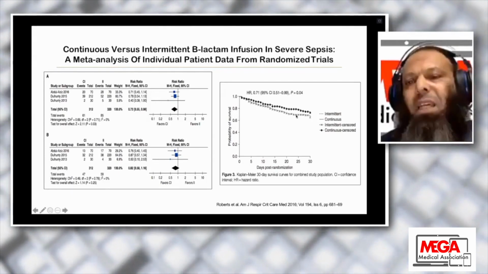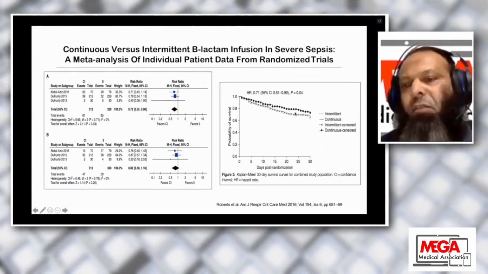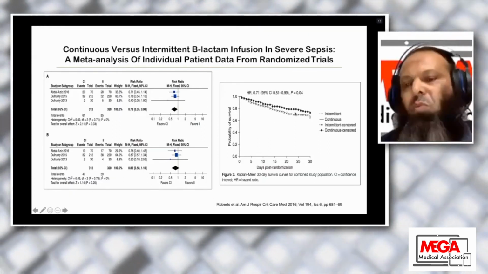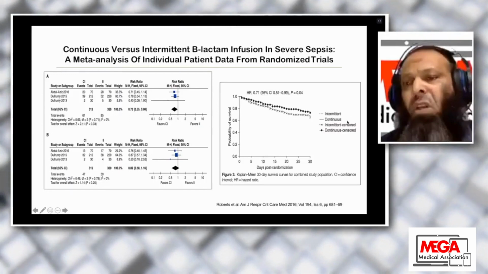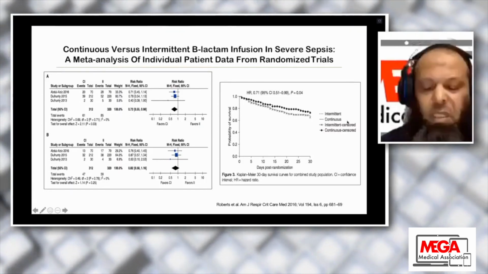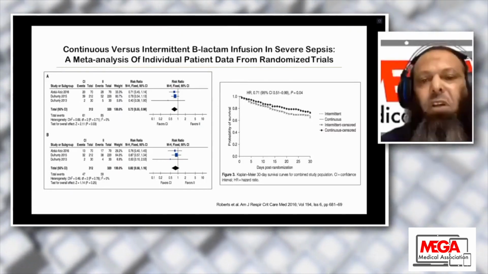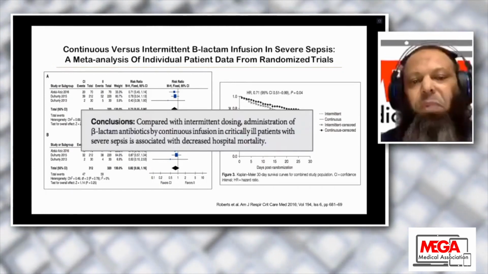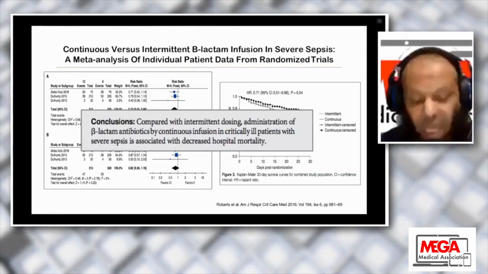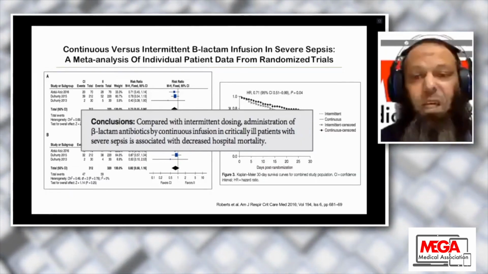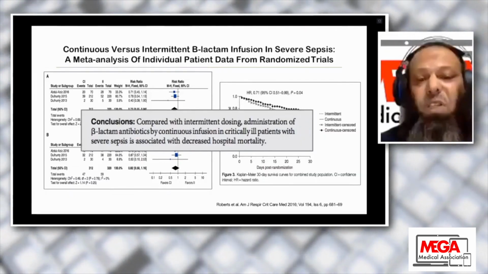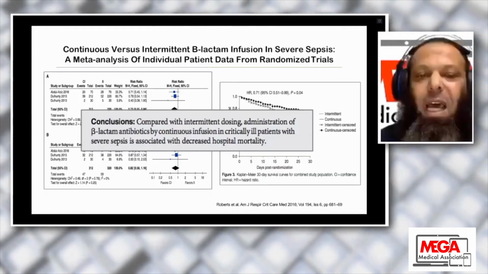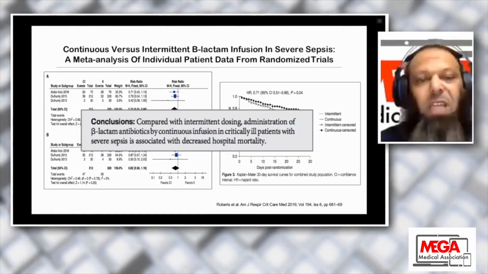The Kaplan-Meier curve shows the 30-day mortality reduction with using continuous infusion of antibiotics compared to intermittent. They concluded that compared with intermittent dosing, administration of beta-lactam antibiotics by continuous infusion in critically ill patients with severe sepsis and septic shock is associated with decreased hospital mortality.